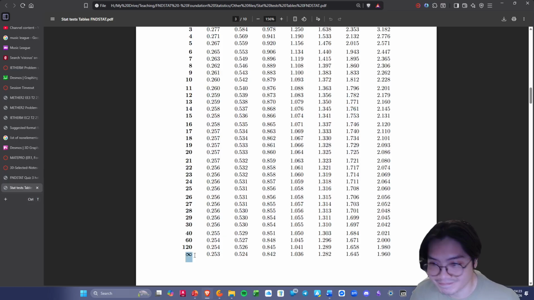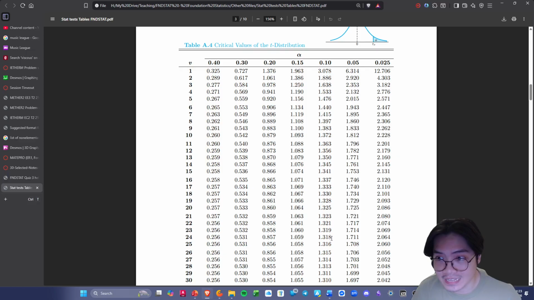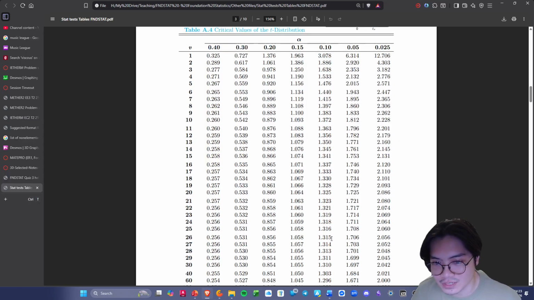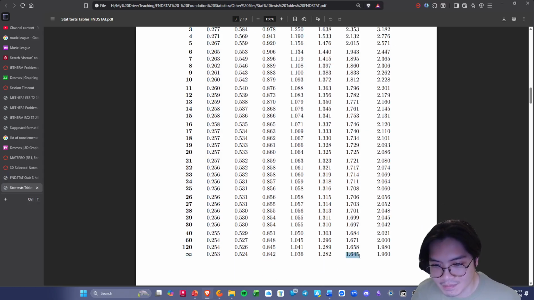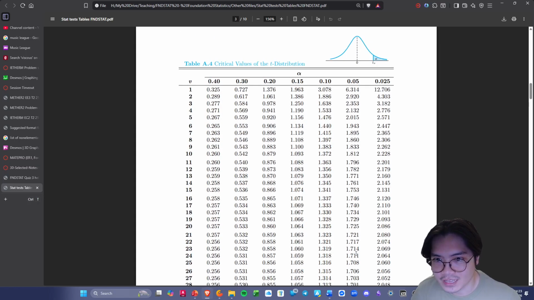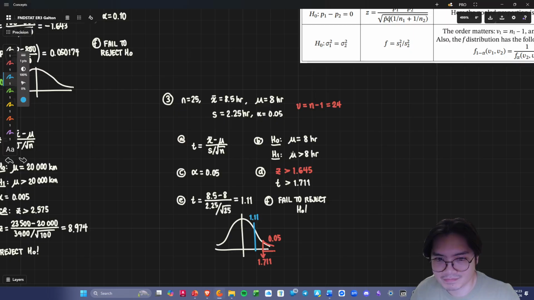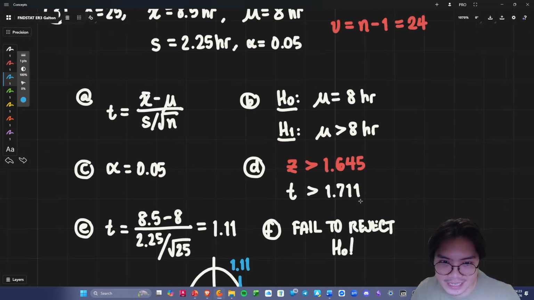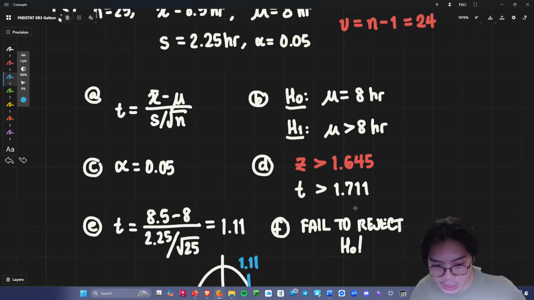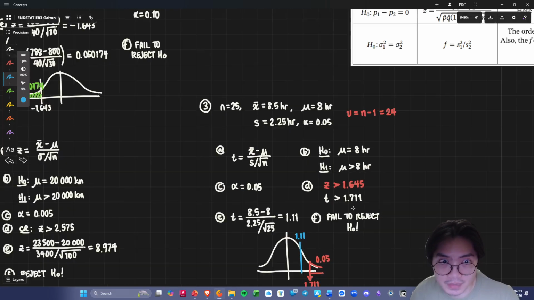Notice that if you approach infinite degrees of freedom, it's going to become very familiar. There you go, 1.645, which is essentially the same thing as our Z test, because the more samples you get, the more approximately normal things become.